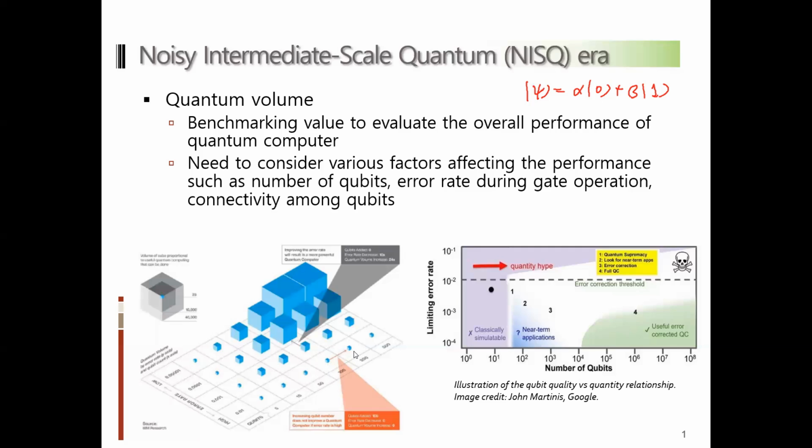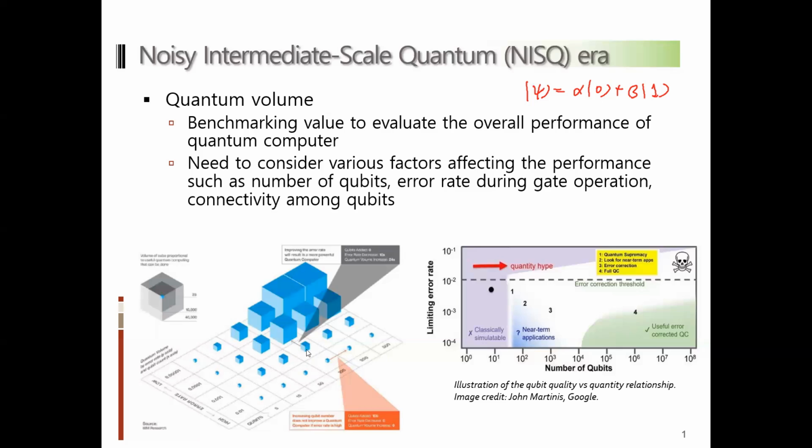There is no improvement. So if your accuracy or the error rate is limited, then there is no point in simply increasing the number of qubits. This also shows that we have to work on improving the accuracy in addition to the number of qubits.